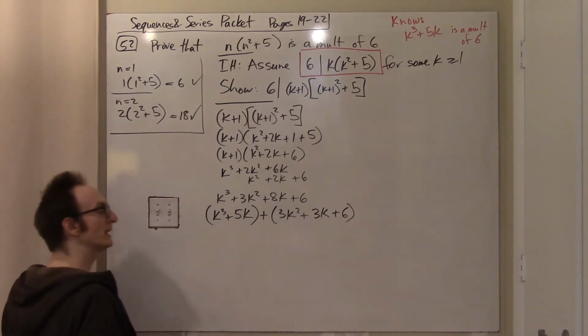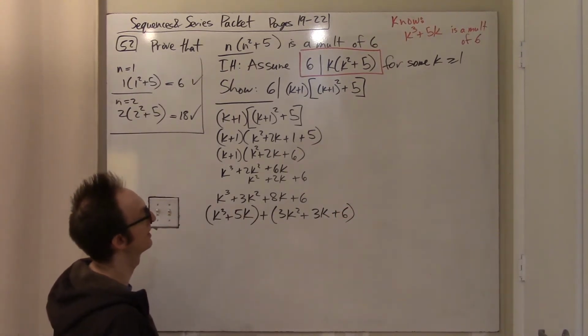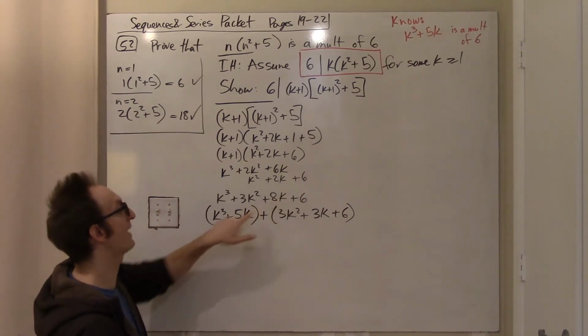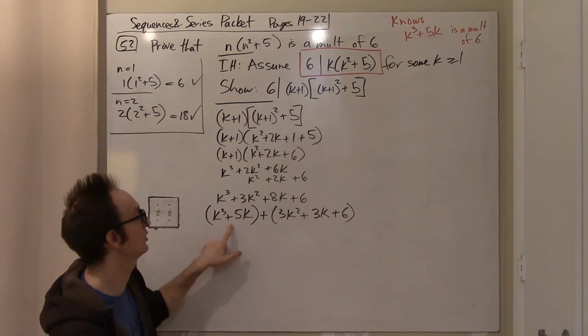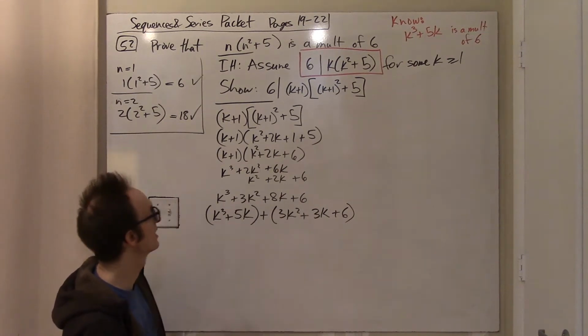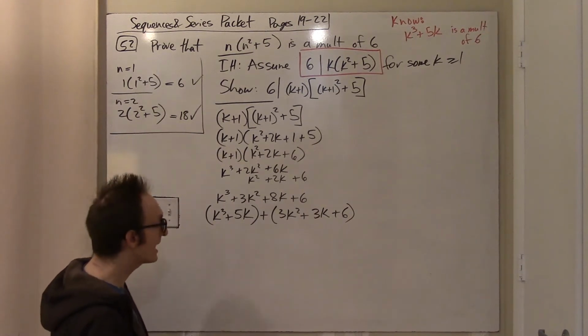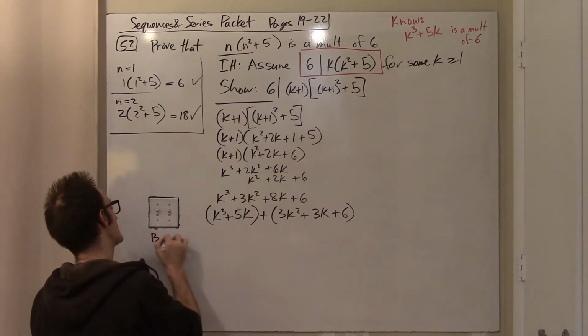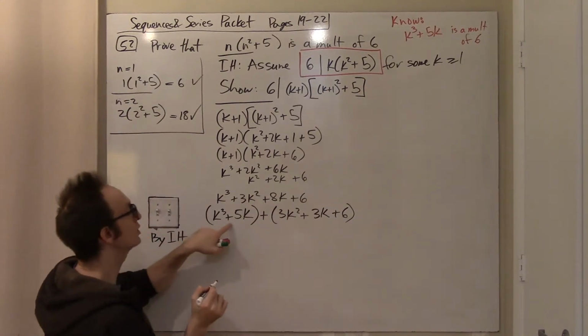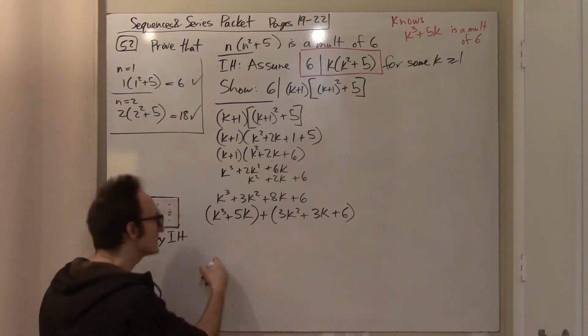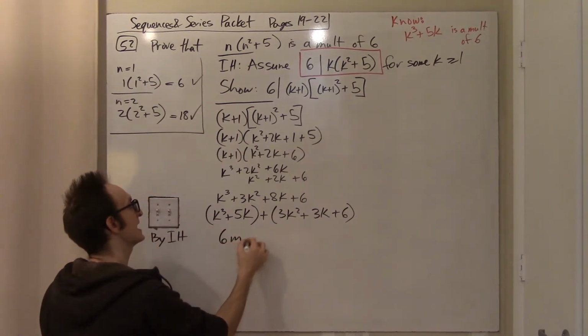Okay, so hopefully that was pretty clear. I just split up 8k into 5k and 3k, and put the 5k over here with the k cubed, and put the 3k over here. Why would I do such a thing? Because by my inductive hypothesis, I now know that k cubed plus 5k is a multiple of 6. So I'm just going to call this 6m.